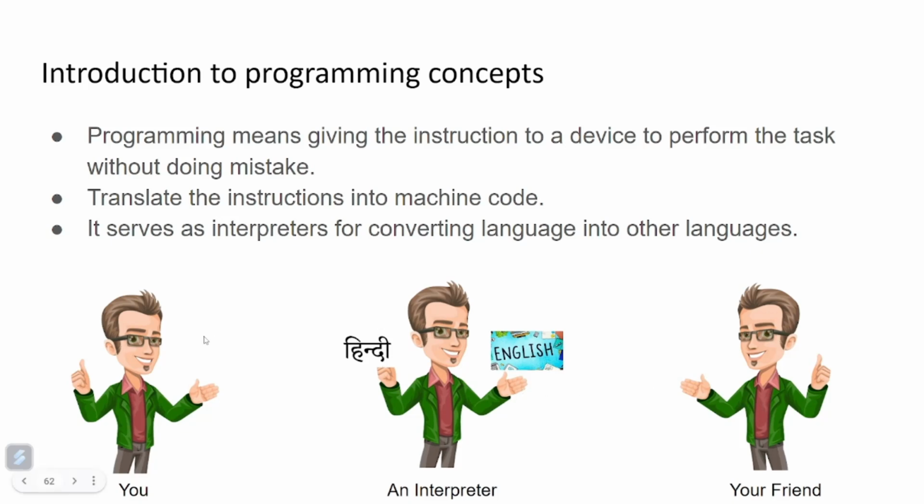If you know Hindi and your friend understands English, then the interpreter helps by converting your Hindi into English so that your friend can understand your things. In the same way, we use an interpreter to give tasks to the computer to perform the tasks without making mistakes.